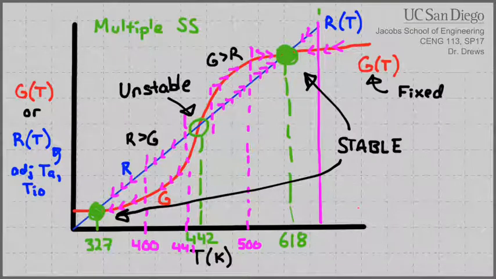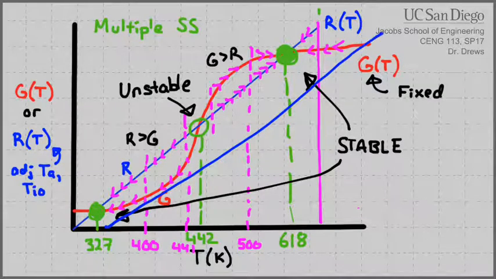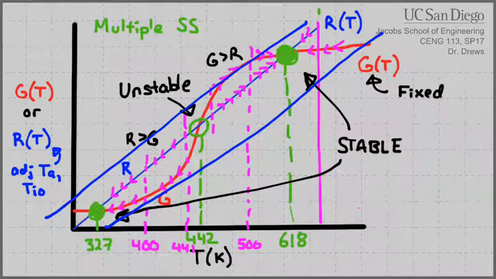As you change T_i0, you'll see the only thing that's changing is where that R line locates. As you raise T_i or lower T_i, you're going to get R to shift this way or shift this way. You're just going to move R up and down on that curve. It's a little hard to see here because we've got so much stuff on there. It'll be easier if you actually have this in front of you and you can fiddle with that T_i0. You'll see that that R curve is changing.